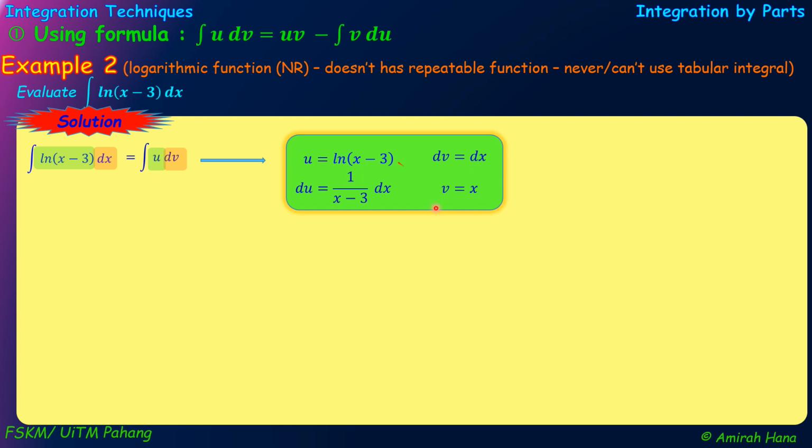After that, we need to multiply u and v from this formula, and we multiply v and du from this formula. After that, we can write the integration of u dv equals uv minus the integration of v du using the integration by parts formula. From the given question, we are given a logarithmic function, which is a non-repeatable function.